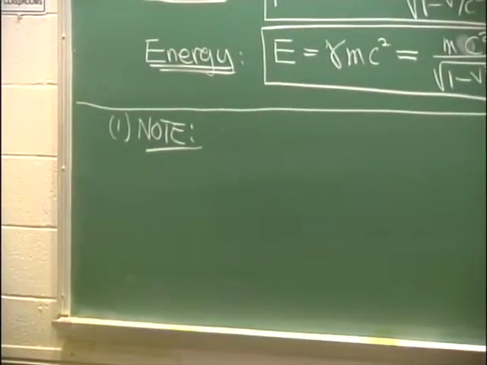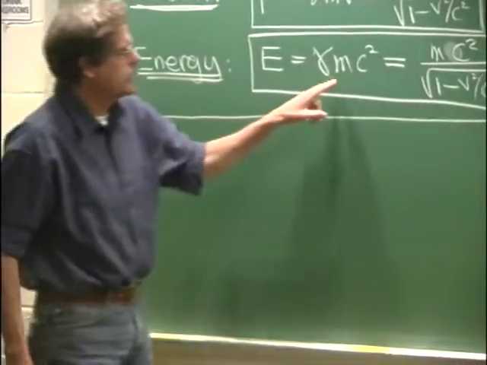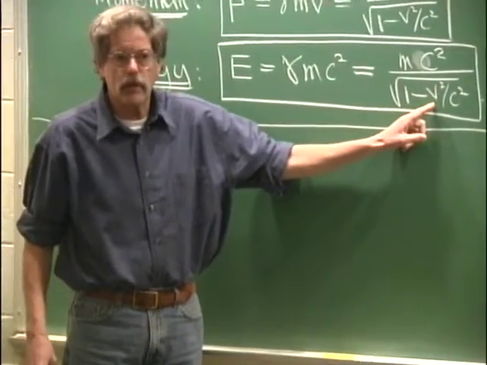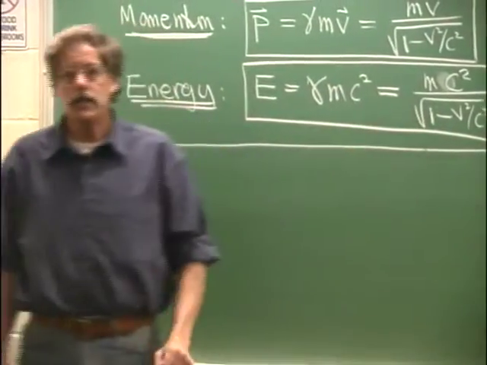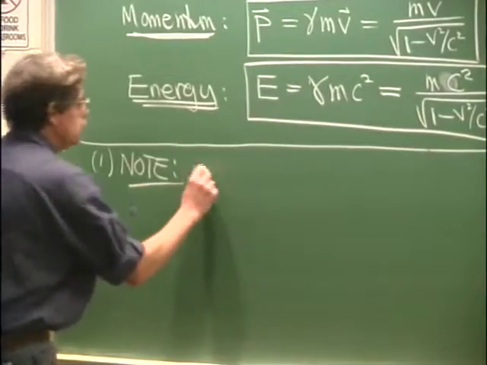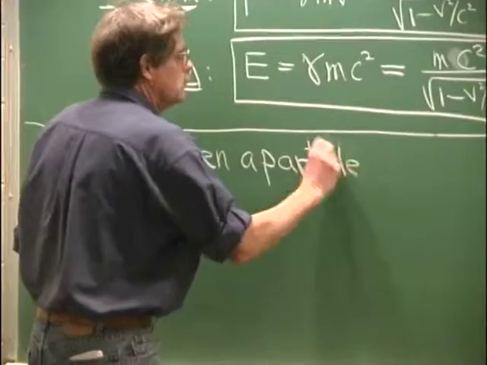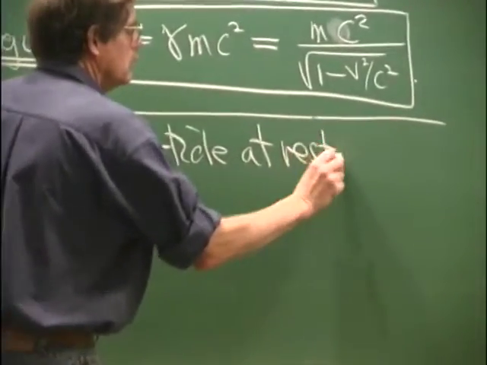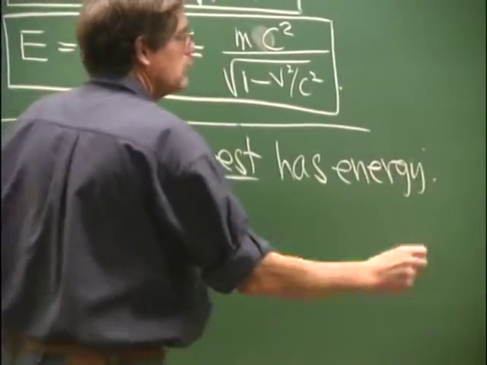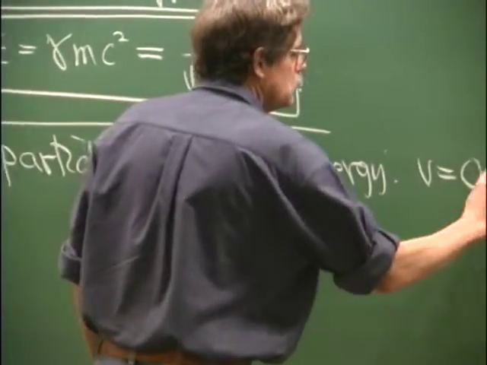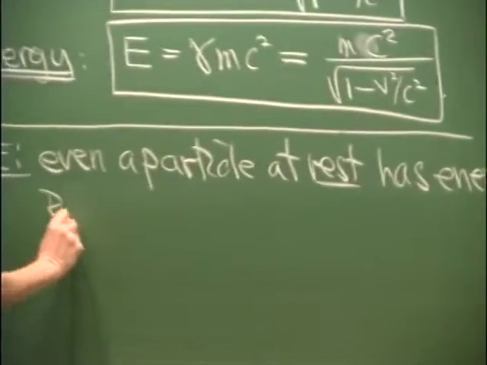First of all, even if the particle is at rest, it still has some energy according to this formula. Because if the particle is at rest, then v would be 0, the denominator becomes 1, and I just get mc squared. I get what we call rest energy.